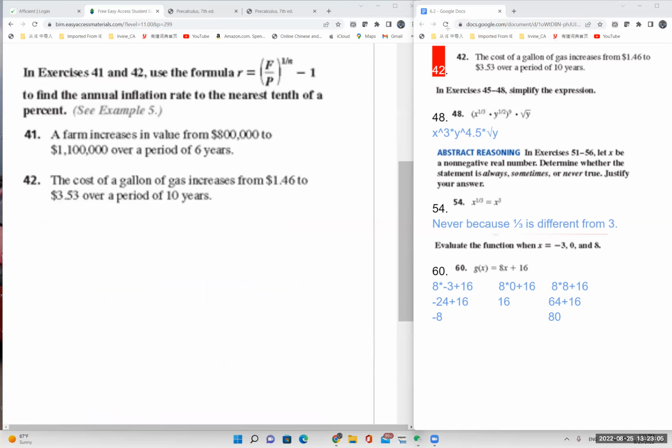You say just use this formula. They already tell you the formula.